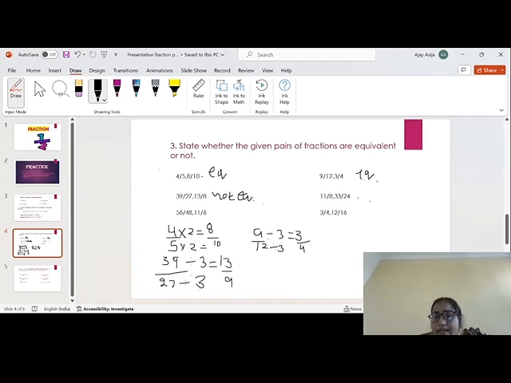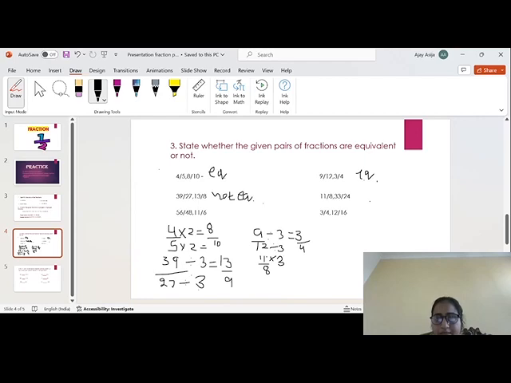11 by 8 and 33 by 24: because we are moving from smaller values to bigger values, we will do multiplication here. So 11 by 8. Now we want to find the number with which 11 is multiplied to get 33. That number is 3.